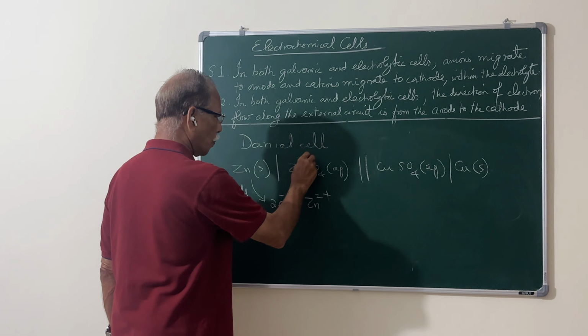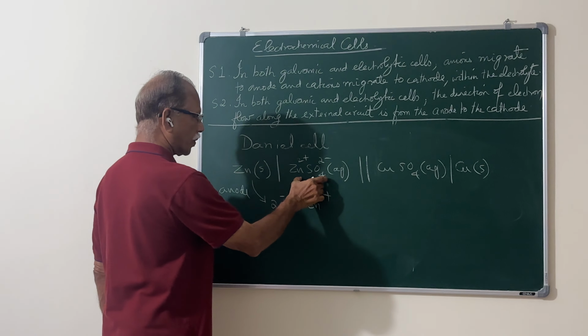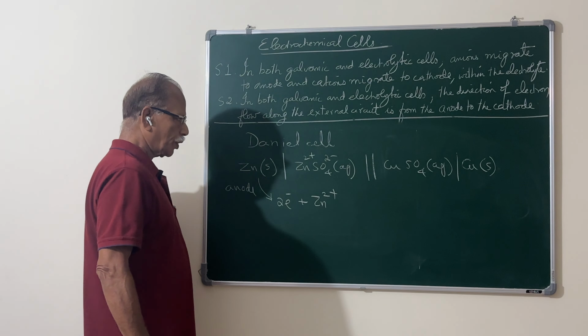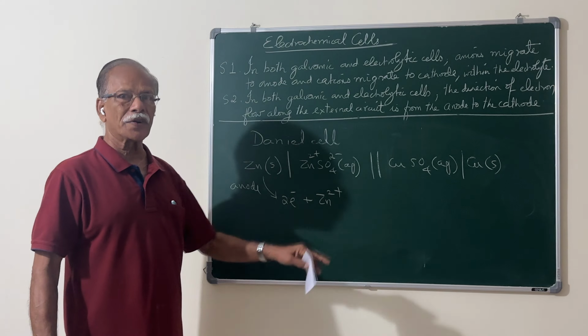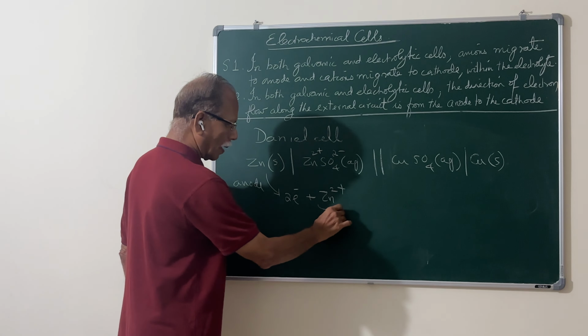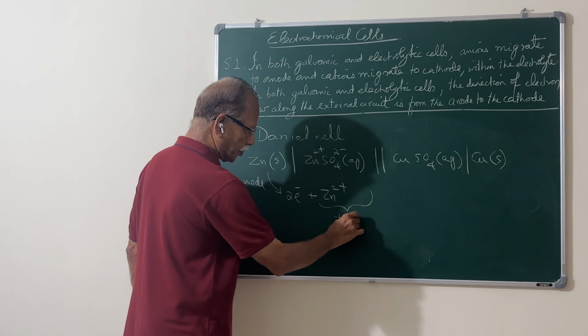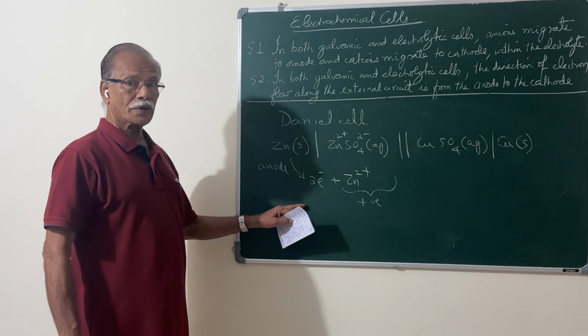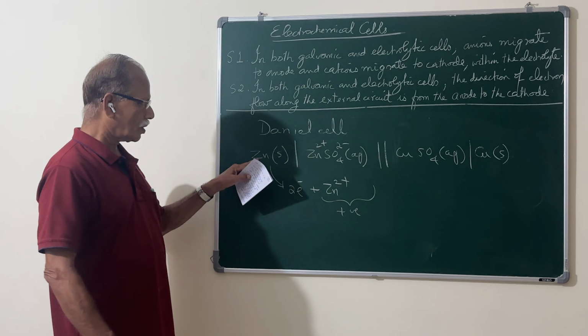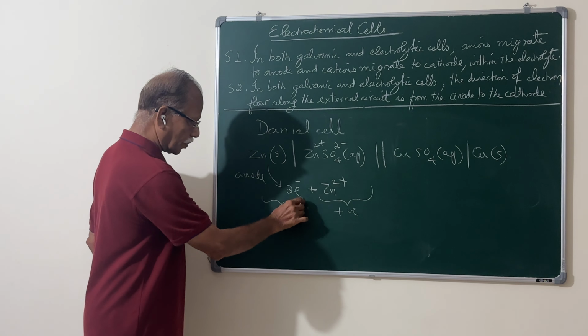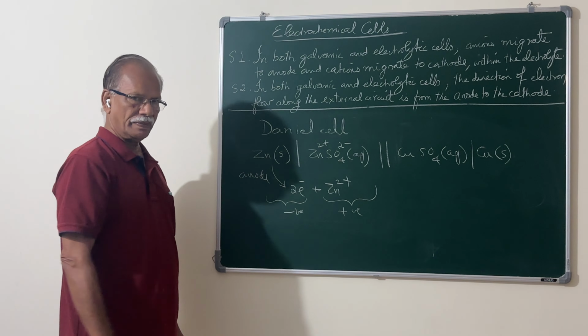Already we have Zn2+ and SO4 2- in neutral zinc sulfate solution, to which extra Zn2+ ions are introduced. So this solution becomes positively charged. Electrons can reside only on the metal, and the electron-rich zinc plate now becomes negatively charged.